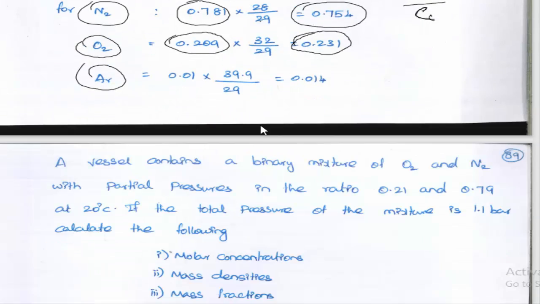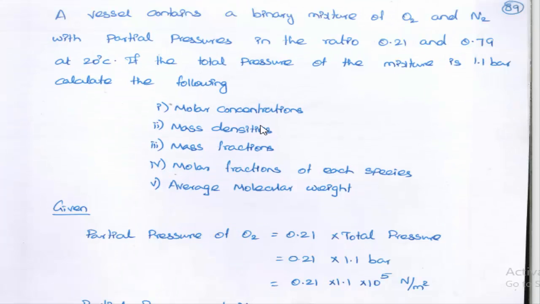Now go to the second problem. Here it is given that a vessel contains a binary mixture of O2 and N2 with partial pressures in the ratio 0.21 and 0.79 at 20 degrees Celsius. If the total pressure of the mixture is 1.1 bar, calculate the following.